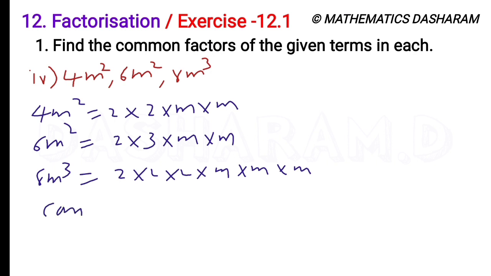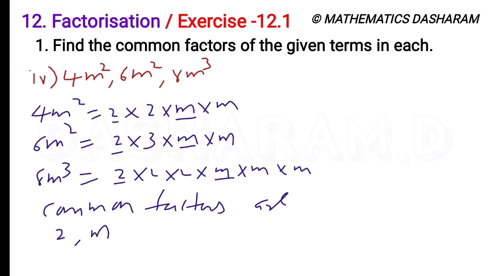So then the common factors: we need to take the common factors from 3 terms. So observe the 3 terms, 1 2 common. Next, here one more 2 is common, but it is not available in the second term, so that is why 2 is not common. Next 1 m common, next one more m common, so 2m.